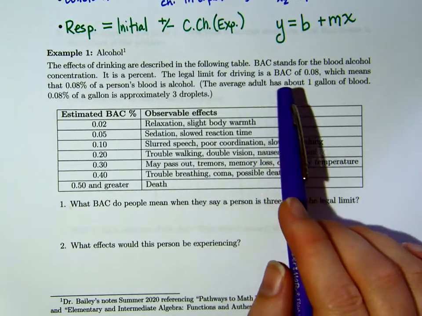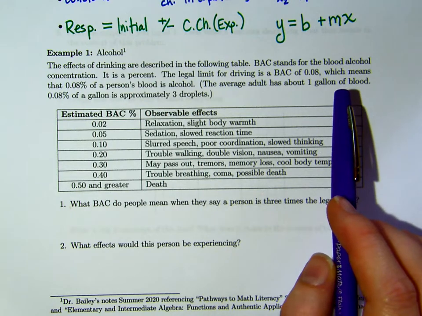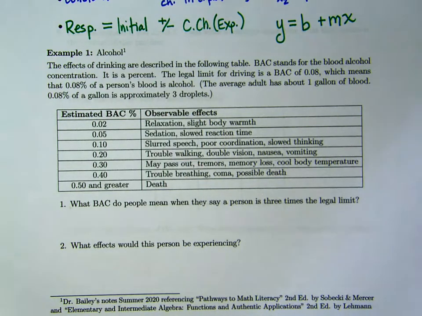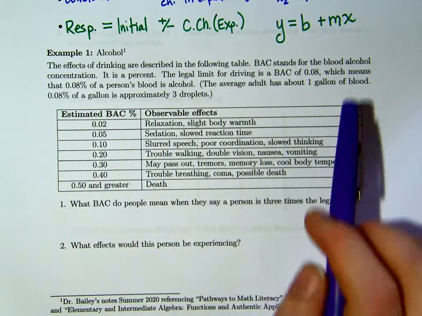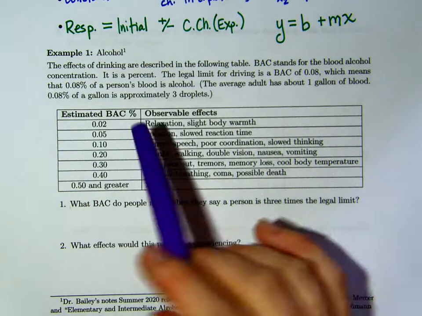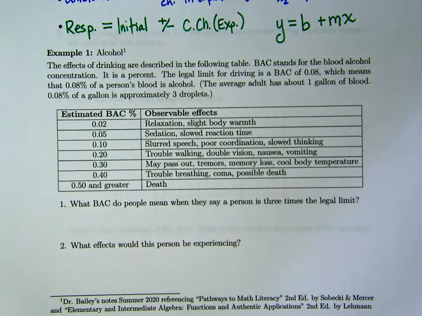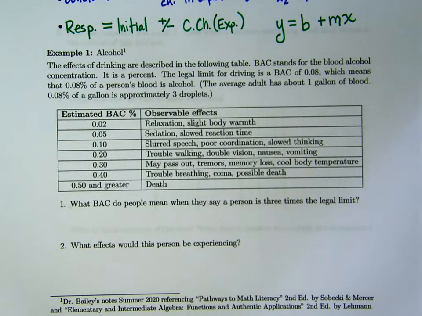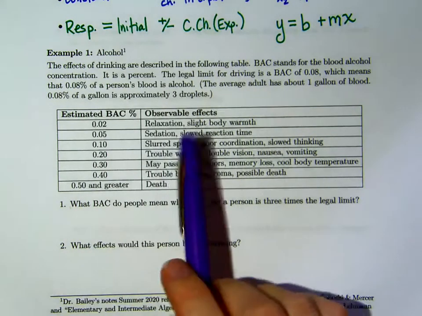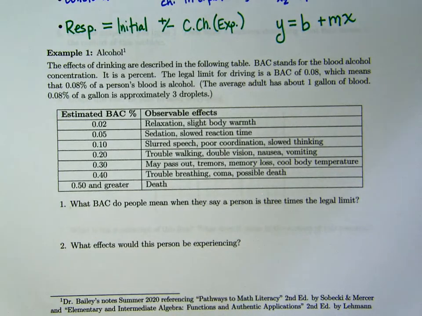The average adult has about 1 gallon of blood in their entire system. 0.08% of that gallon is approximately 3 droplets. But think about a gallon of water and putting 3 droplets of a dye in it. It's going to discolor and diffuse within the whole gallon of water. And that's similar to the effect of alcohol.